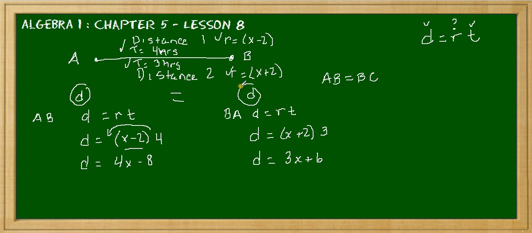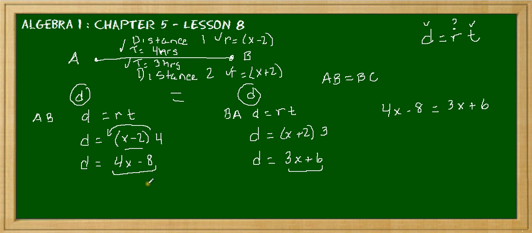What we're simply saying is that if this D is equal to this D, then we can simply say that 4x minus 8 is going to be equal to 3x plus 6. Okay? Now that eliminated the d's because the d's are equal to each other.